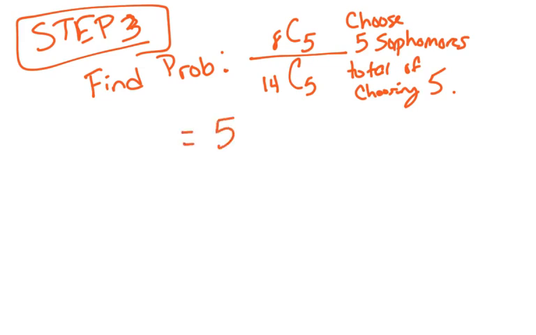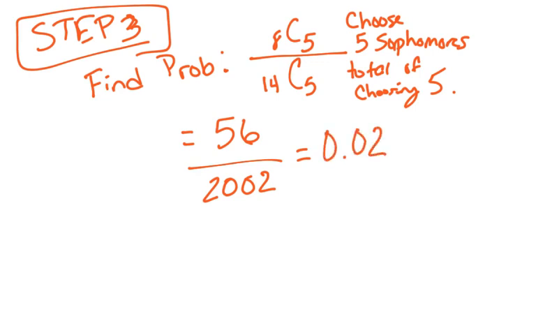So this just becomes 56 out of 2002, which is going to be, I believe, a tiny number. Where's my calculator? Yep. So about 2.8% chance.